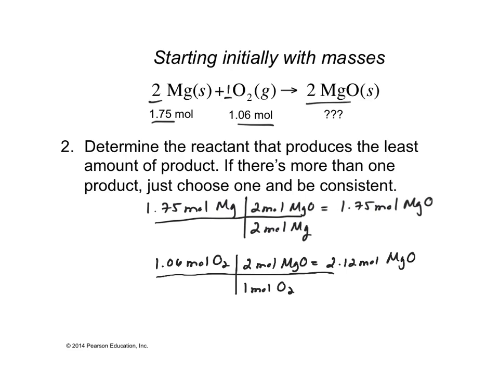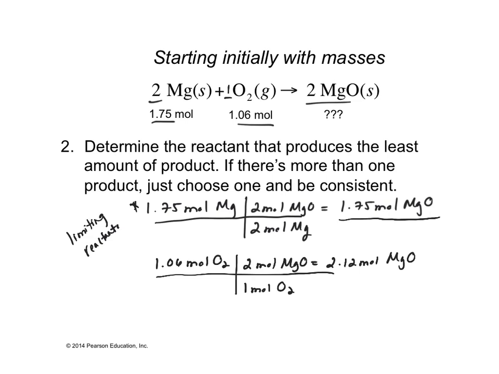So who's limiting this reaction? Who makes the least amount of product, the magnesium or the oxygen? Magnesium, right? Because it makes only 1.75 moles, whereas oxygen can make 2.12. So magnesium here is the limiting reactant. That's how you spell reactant.